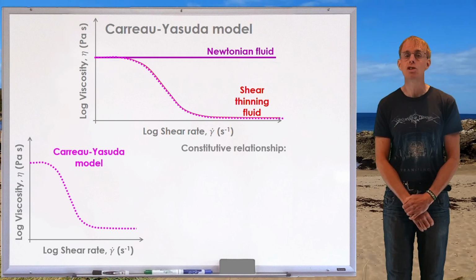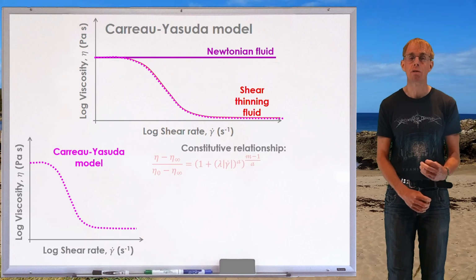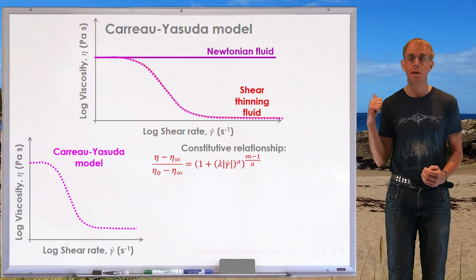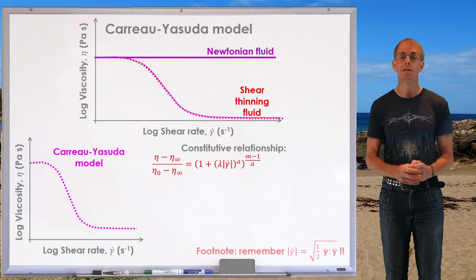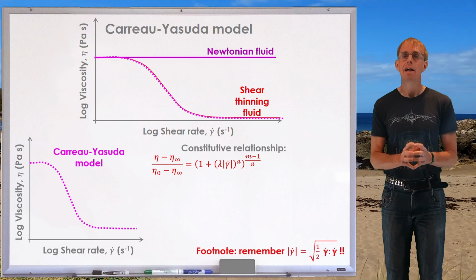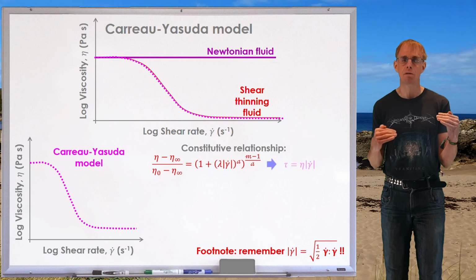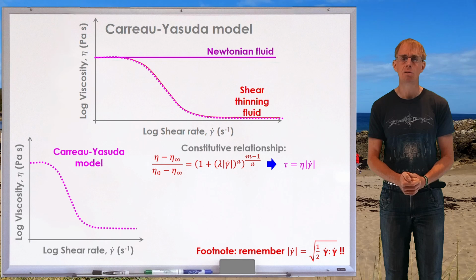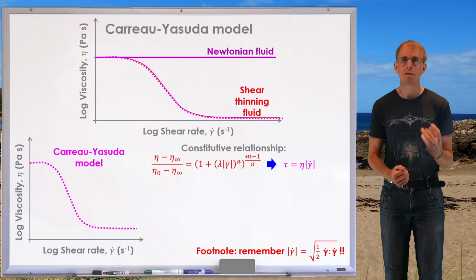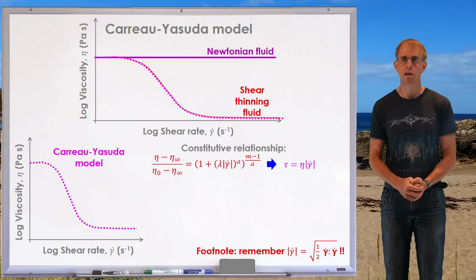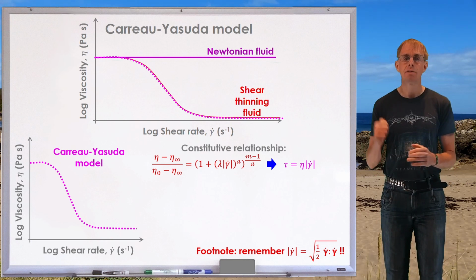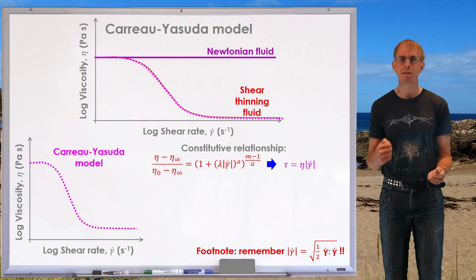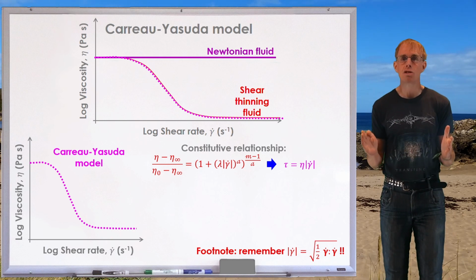The constitutive relationship that relates viscosity to shear rate is written as I've put there on the board. So typically one will look at the viscosity you've got now, eta, compared to those 2 plateau regions. So eta infinity is the viscosity of the high shear rate Newtonian plateau, it's low. Eta 0 is the viscosity of the low shear rate Newtonian plateau, it's high. And so in the denominator on the left hand side, eta 0 minus eta infinity is the total range of viscosity that the material changes over.